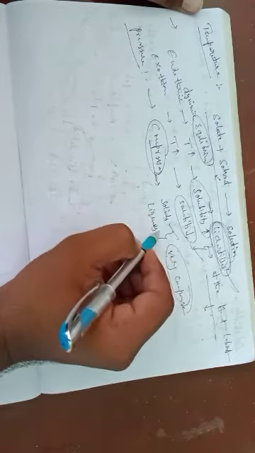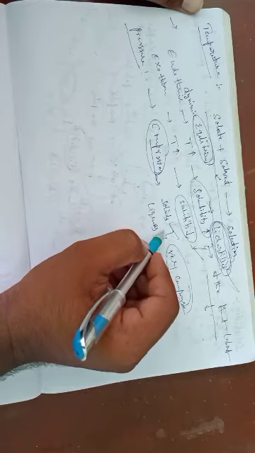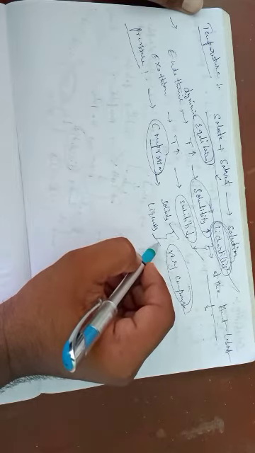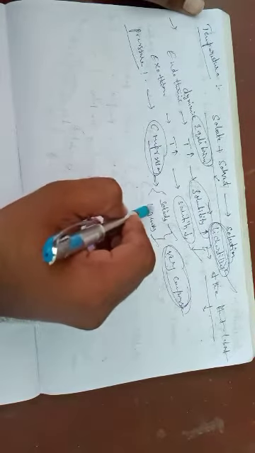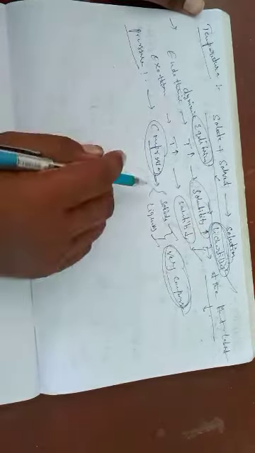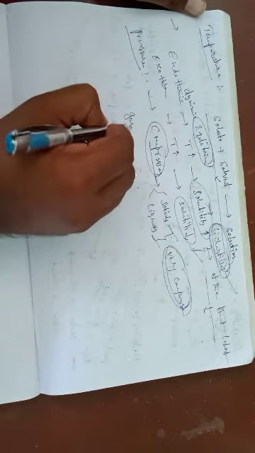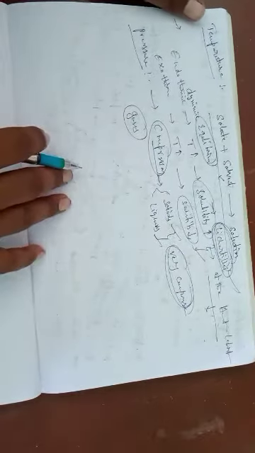Because a solid has a particular volume and particular shape, and a liquid also has a particular volume because it is already compressed. So these solids and liquids are not compressible. Only gases are compressed.